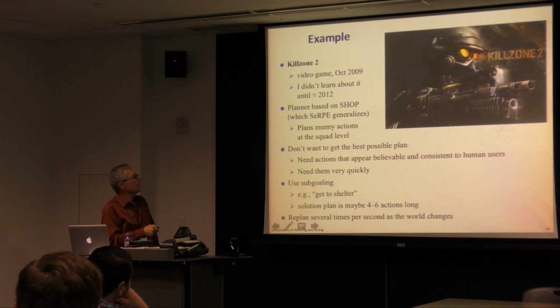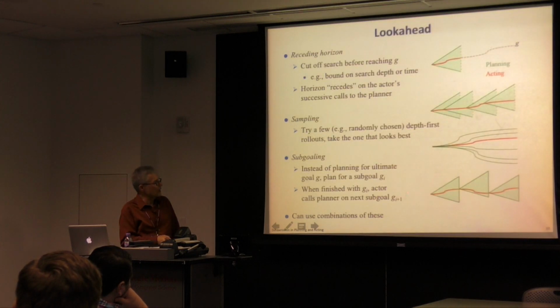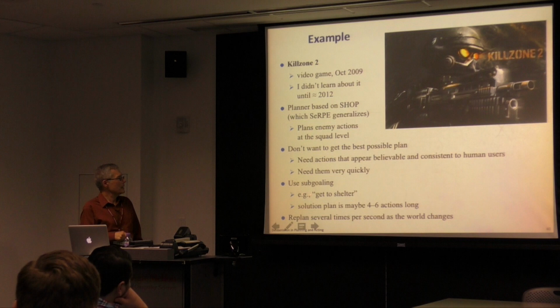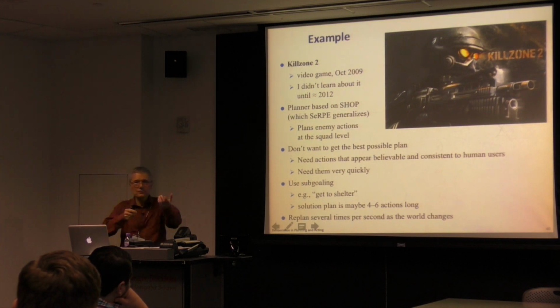And this thing is used to plan the enemy actions. What it does is a combination of sub-goaling and receding horizon. The way that works, it'll take some intermediate goal, like maybe you're shooting at one of the virtual opponents and wants to get to shelter.